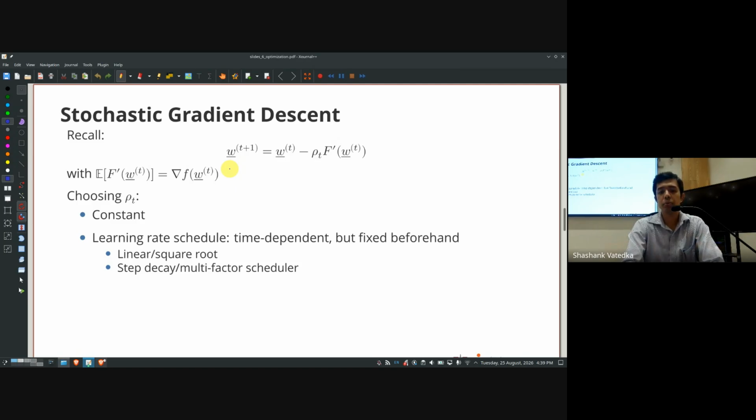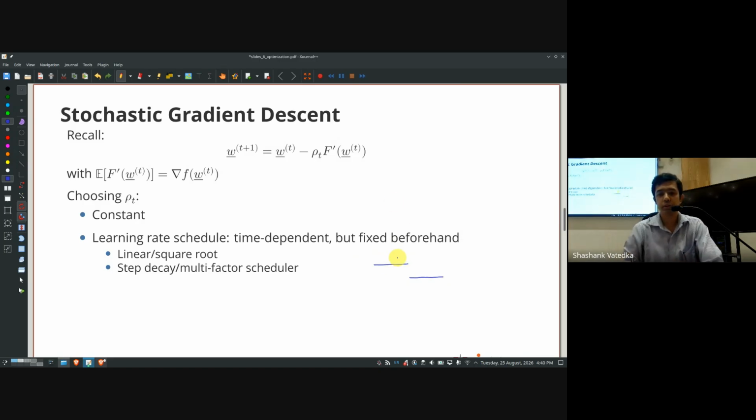One common approach is the step decay, also called a multi-factor scheduler, wherein the trajectory of rho t looks something like this. You start with some constant, leave it at that constant for a certain number of iterations, but after that, you decrease the learning rate by some specific value.